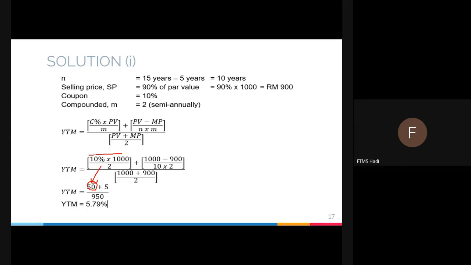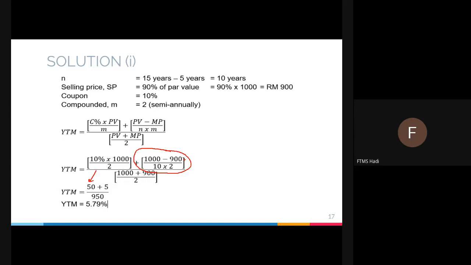You need to press equal first, 10% multiplied by 1000, press equal, then divide it by 2, and press equal. Then you can get the accurate answer. If you put it straight away into the scientific calculator, 10% multiplied by 1000 divided by 2 without pressing equal, then you get a very far away answer. Okay, 50.